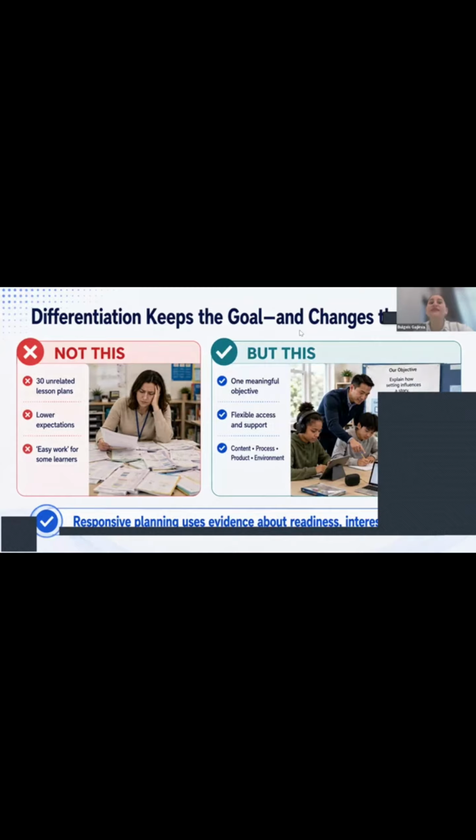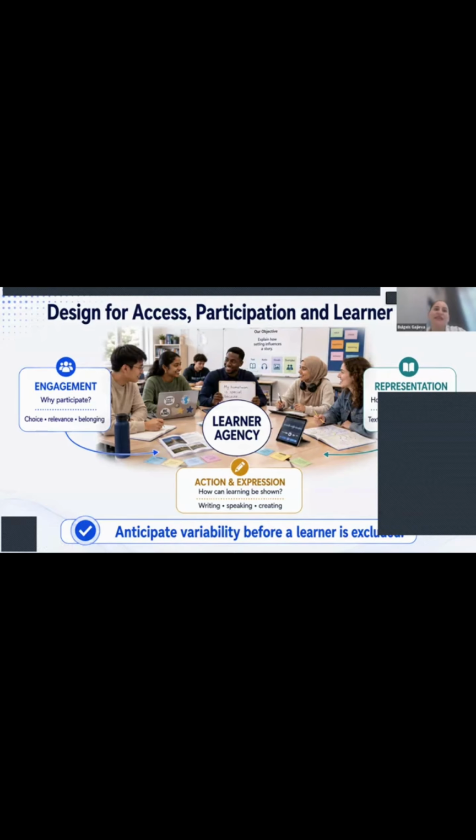And the fourth is environment, the physical and emotional conditions in which learning takes place. So instead of asking, how can I fix this learner? We can ask, which part of my task creates a barrier and what alternative can preserve the challenge?